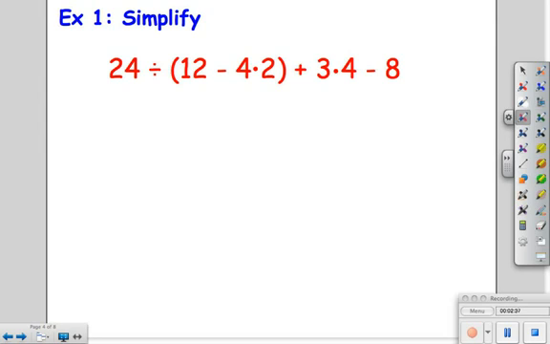Let's look at this problem. Order of operations, I'm going to write PEMDAS at the top so we can keep track of our order. Order of operations says we need to do our parentheses first. Well, inside the parentheses, I've got subtraction and multiplication.